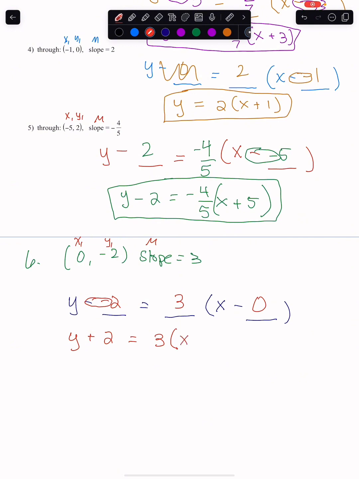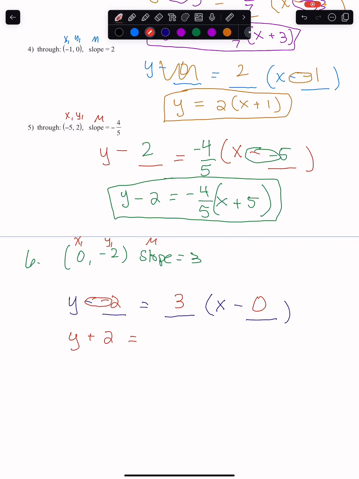So this ends up becoming 3x. So I can really just erase these parentheses, and my final answer on that side will be just 3x, because I have 3, and then this part right here is just x. Okay? So this is the equation you're going to get when your x is 0.